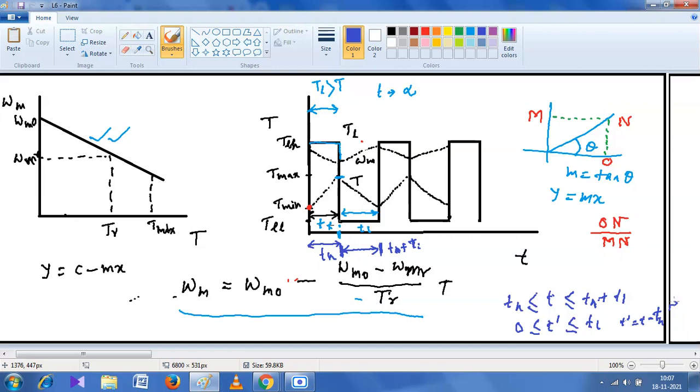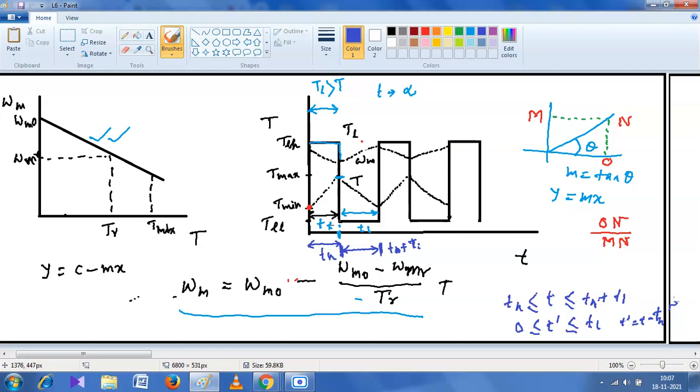T min and T max. Good. So in the region 0 ≤ t' ≤ t_L, what is the initial value of machine torque? T max. Good.